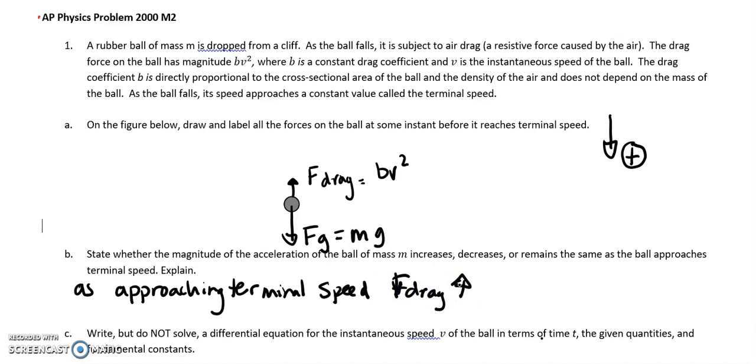So if F drag increases, it'll get closer in magnitude to Fg. So F net gets really, really close to what number? Oh, 0. So F net decreases. So if F net decreases, acceleration will decrease as well.